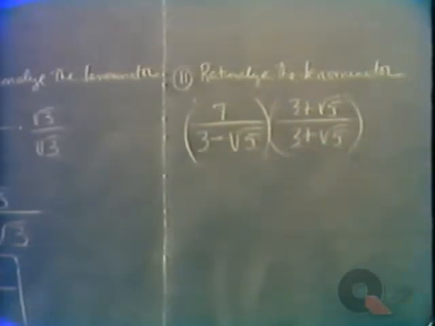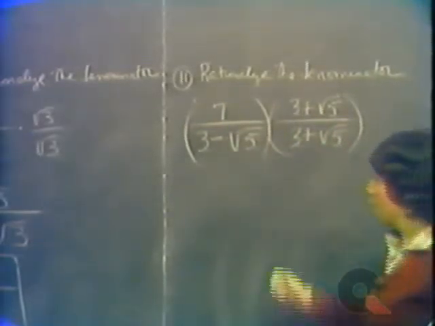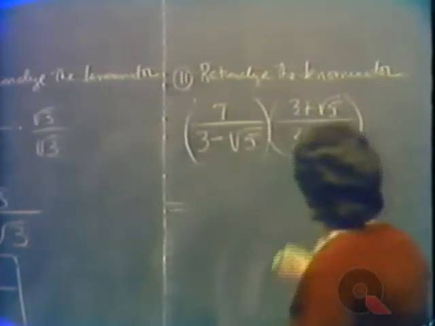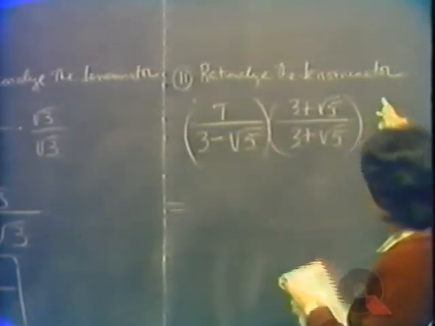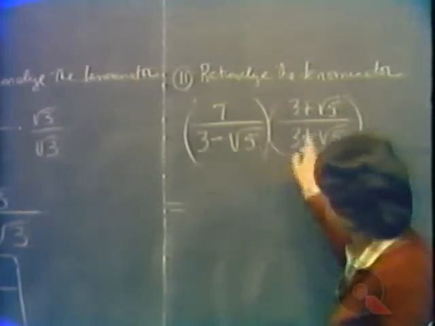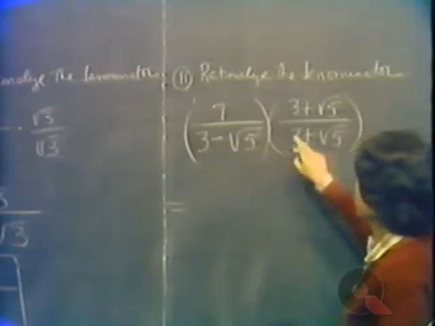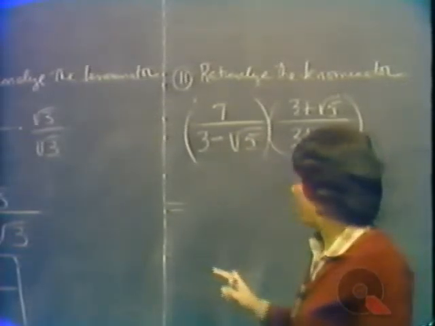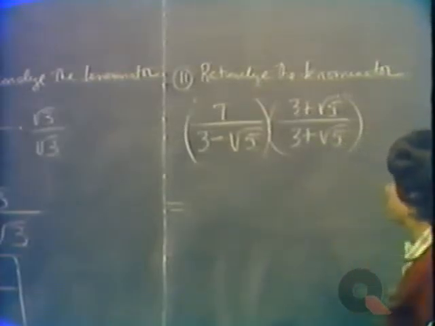Once again, we must multiply the top and the bottom by the same quantity. But it's been designed so that what we have down here is a minus b times a plus b, and when you multiply it out, the square roots will drop out. We're going to do that by FOIL, and you'll see this.